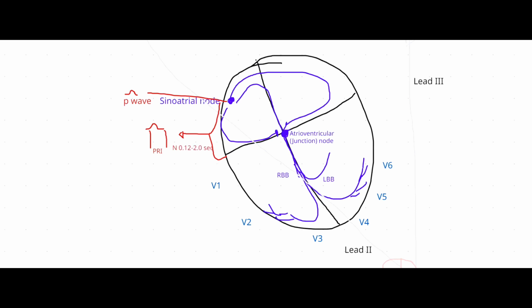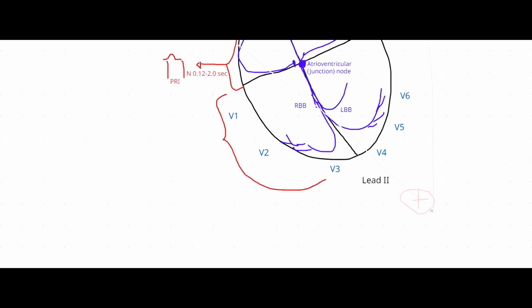Okay, but for now, just know that normal is 0.12 to 0.20, basically, okay? And then from the PR interval, now the conduction is going to travel from the AV node to the ventricle, right? And it's going to start with a depolarization, right?